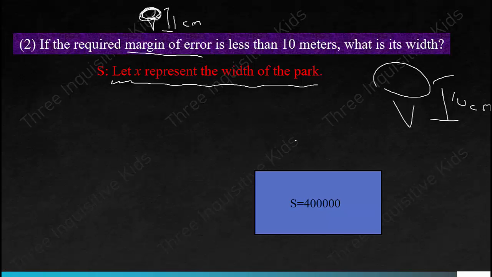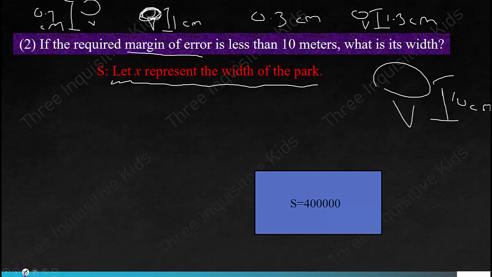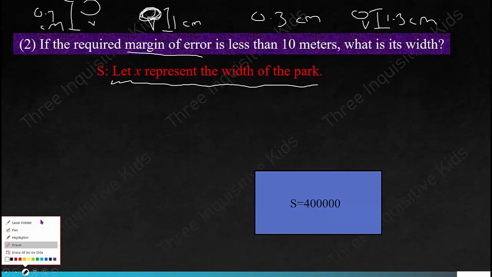So maybe my margin of error would be 0.3 centimeters, which means the greatest it can be is 1.3 centimeters and the smallest it can be is 0.7 centimeters. So it's that range. You can't have a huge one at 10 centimeters. That won't qualify. So I hope you understand what I mean when I say margin of error. Now you can go ahead and solve the problem.